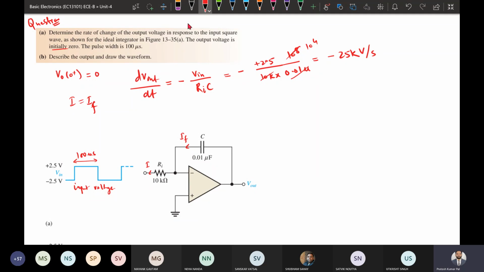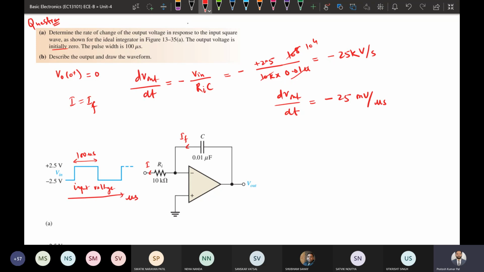That means dVout by dt, the rate of change of output voltage, is minus 25 kilovolt per second, or we can write 25 millivolt per microsecond, because the input pulse width is given in microsecond, so the time is given in microsecond.